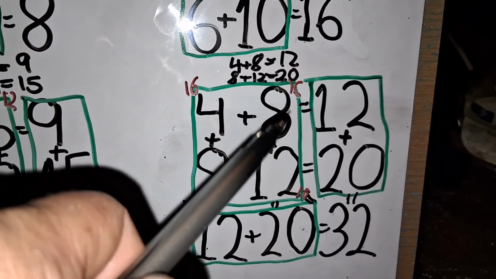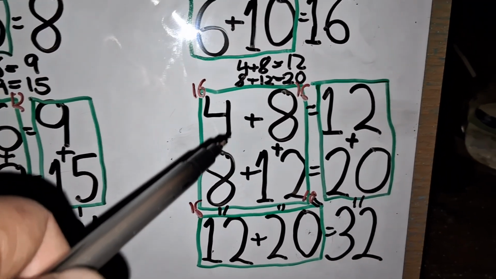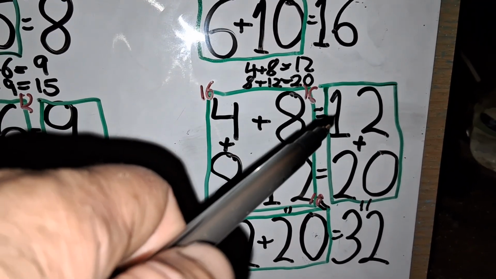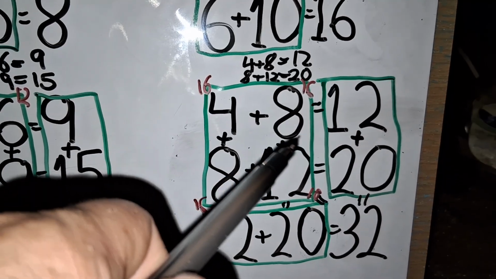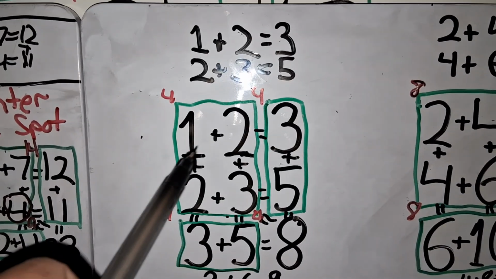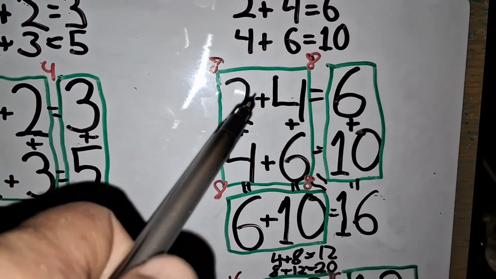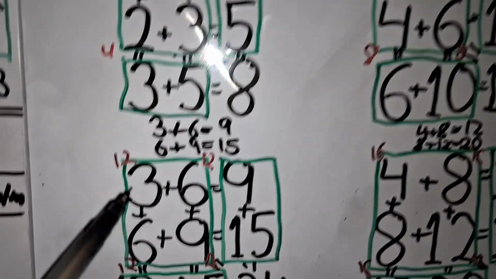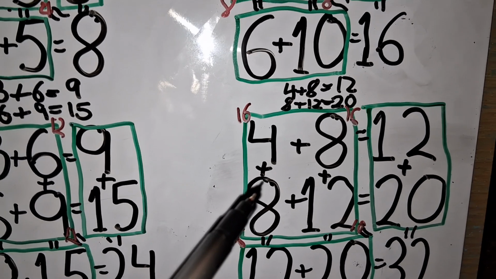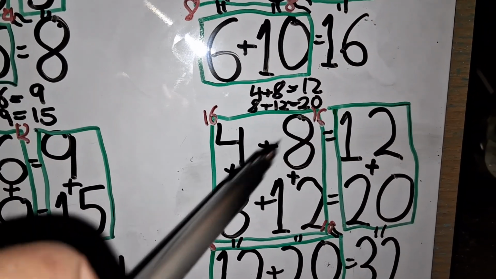And again, the last example, I did 4, 8, and 12. 4 is separated from 8 by 3, and 8 and 12 is separated from 8 by 3. This was no separation, 1, 2, 3. 1 separation, 2, 4, 6. 2 separations, 3, 6, 9. And 3 separations, 4, 8, 12.